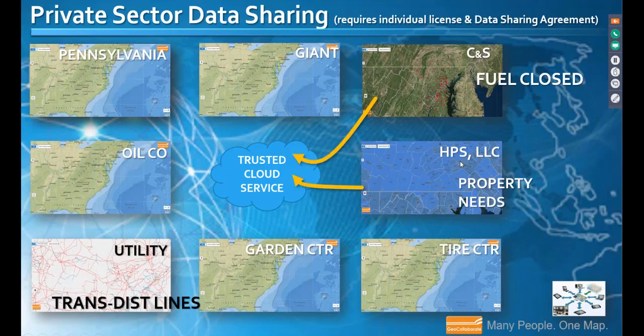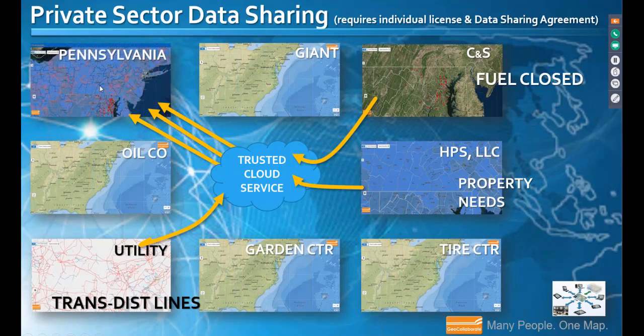So could this property company, HPS LLC in Pennsylvania, they might highlight counties that need assistance during particular events. They could share that information into the cloud service. And then a utility might have transmission and distribution lines that they have updated that they want to add into the trusted cloud service. And then Pennsylvania could connect to each one of them individually and pull their data right into Pennsylvania's instance.